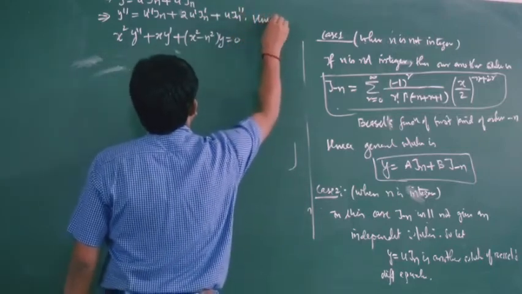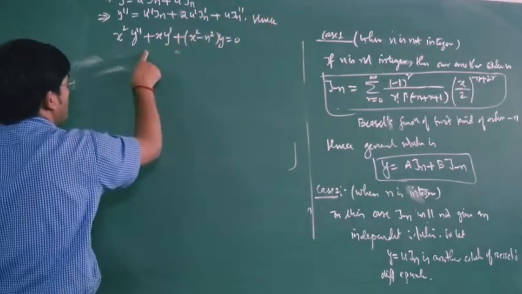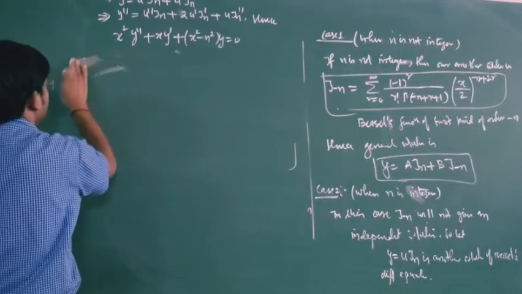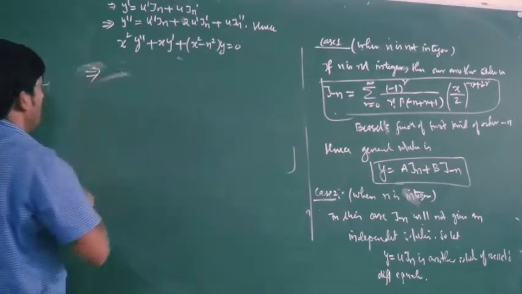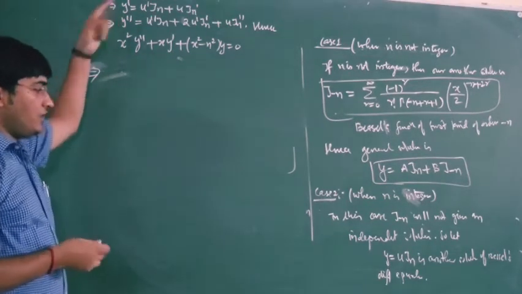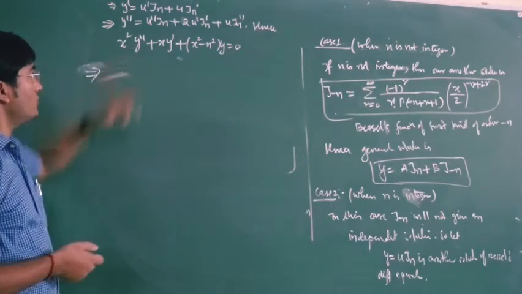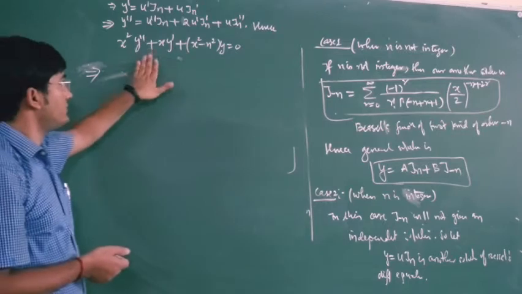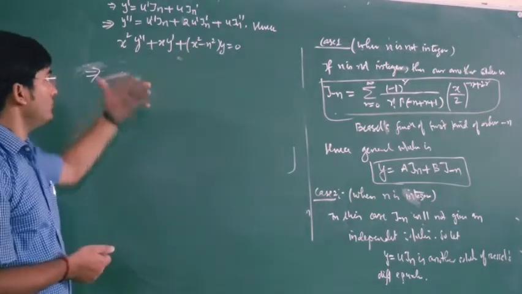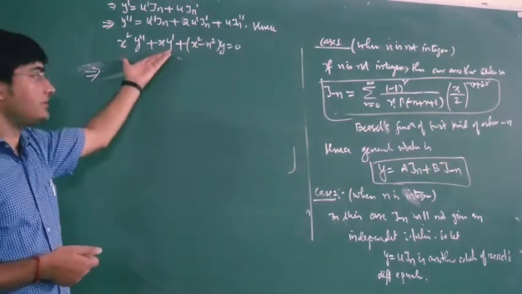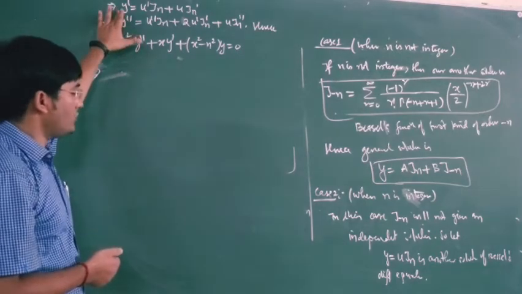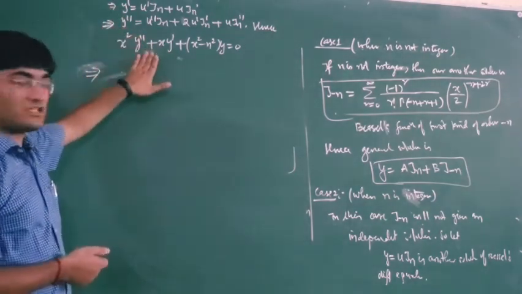Since y is a solution of this Bessel differential equation, it will satisfy it. So let us put the values of y dash and y double dash in this equation.